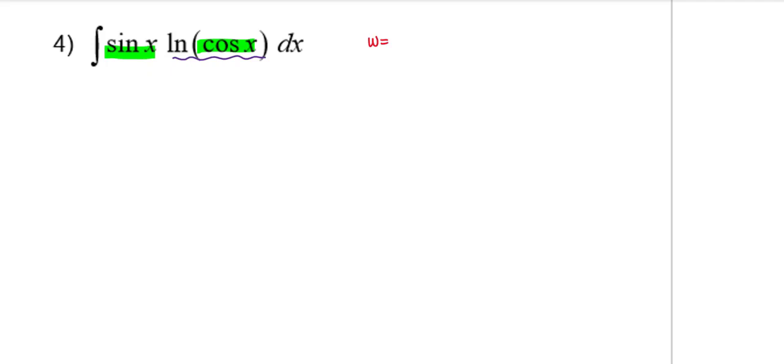So what I'm going to say is if w is cosine of x, then I'm replacing this part with a w. So it'll just look like natural log of w. Okay, well, I have to turn everything else then in terms of w. So let's see. dw, derivative of w, is negative sine x dx. Well, that might make my problem a whole lot easier, actually, because if you multiply inside by a negative and outside by a negative, you're multiplying by 1, so you're not changing the value, you're just changing the way that it looks.